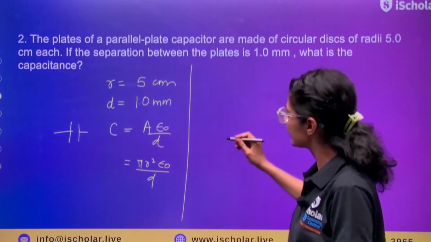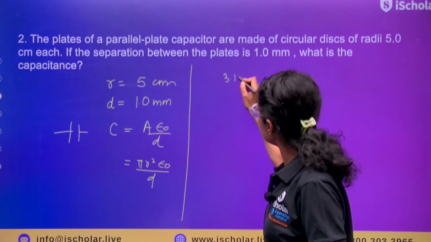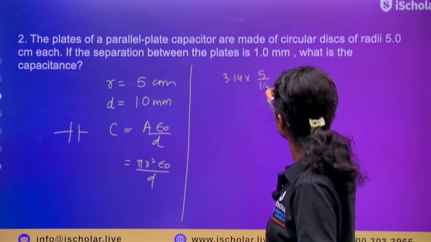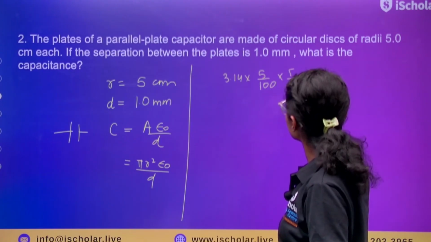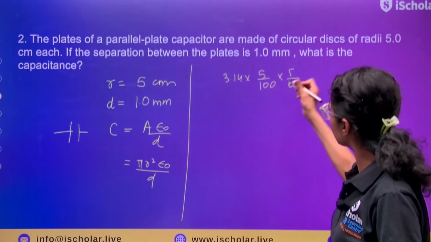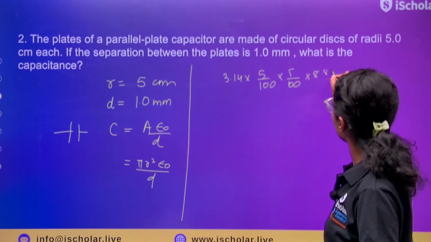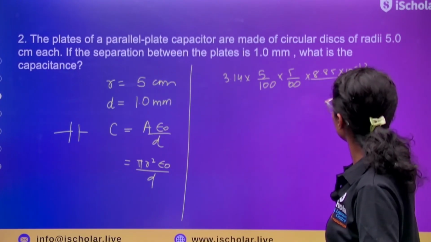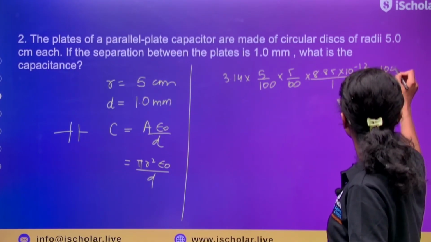Pi is 3.14, into the radius which is 5 centimeter, squared, epsilon naught which is 8.85 into 10 to the power minus 12, divided by D, which is 1 divided by 1000.